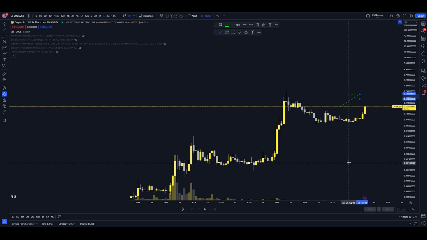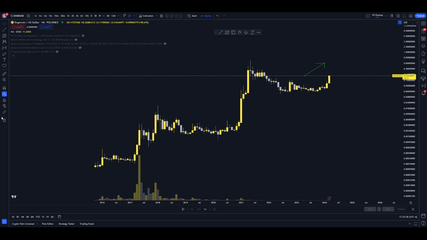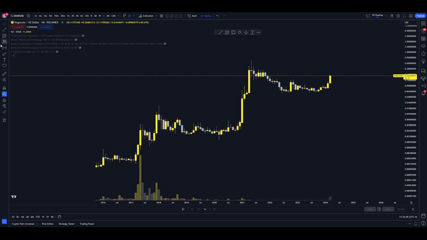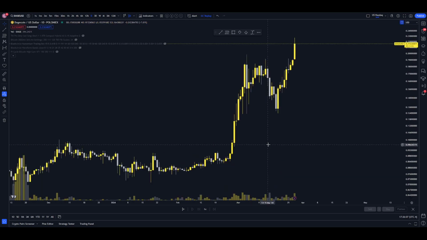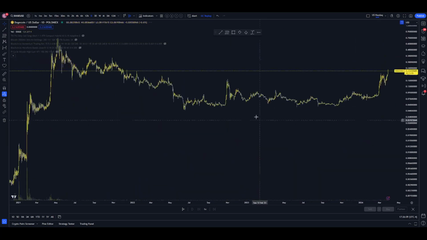So, for example, last time we talked about Doge, right? And I know it's hard to tell from this chart, but let's go ahead and zoom in to the daily, and we'll see exactly what we looked at last video.